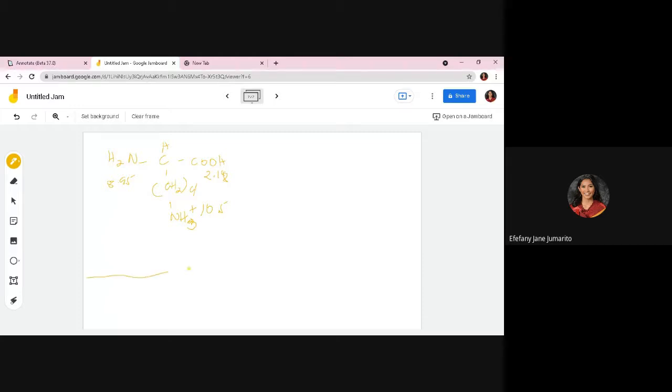Now, how many structures can we draw for this? We have 4. So 2.18, then 8.95, then after that 10.5.